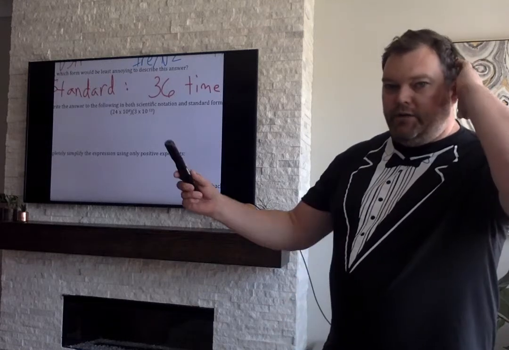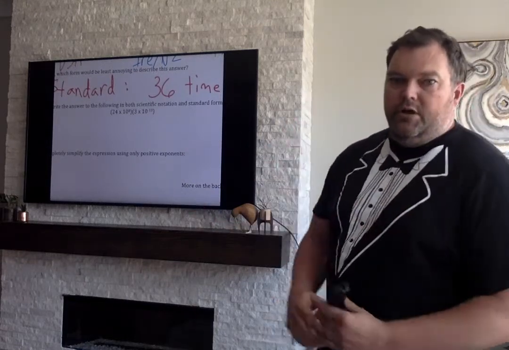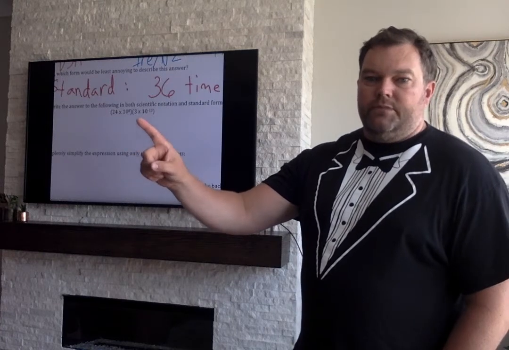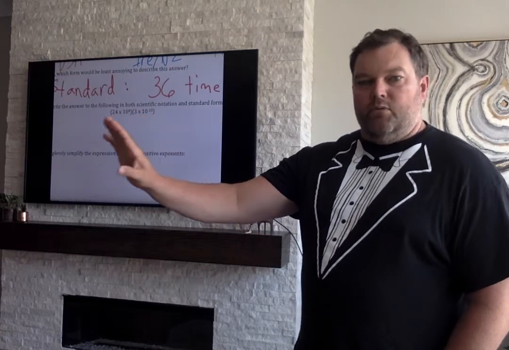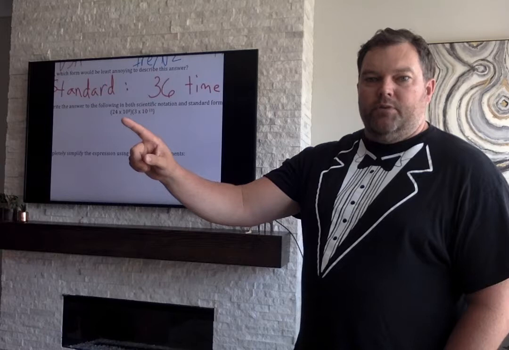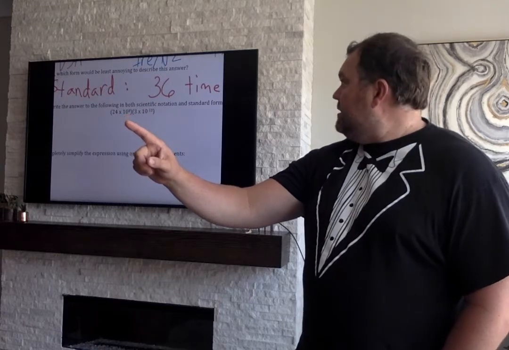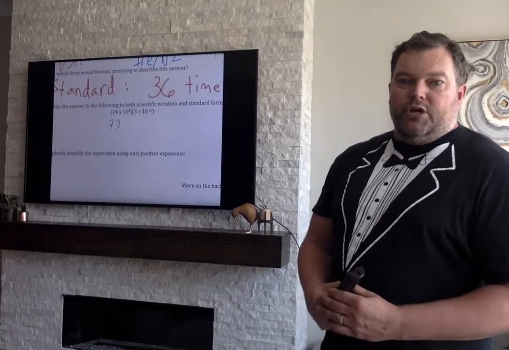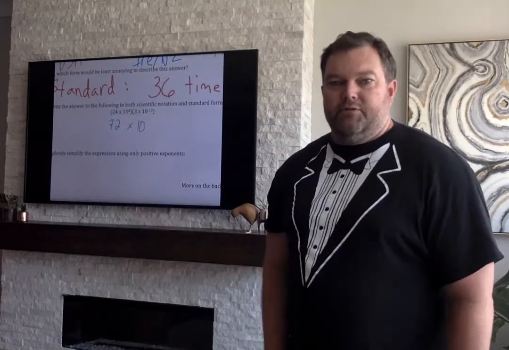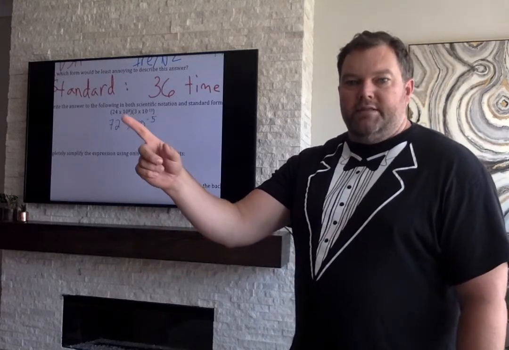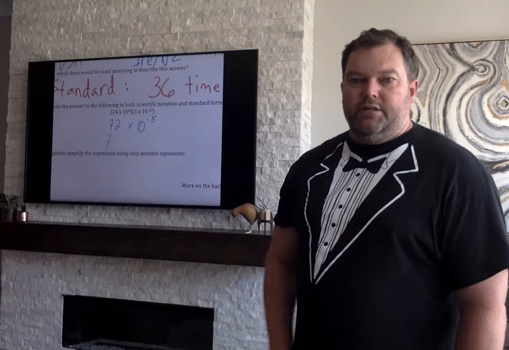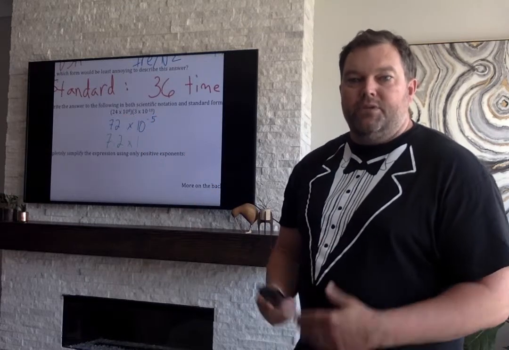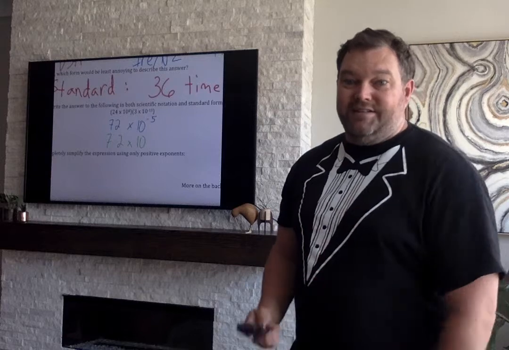So if you think back to when I did this problem earlier, we're just going to do 24 times 3. Write that answer down. And then we're going to put together the 10 to the 8th and 10 to the negative 13th. So 24 times 3, 72. And then the 10 to the 8th and 10 to the negative 13th would make 10 to the negative 5th. And you can see I've already kind of gotten to this next part.